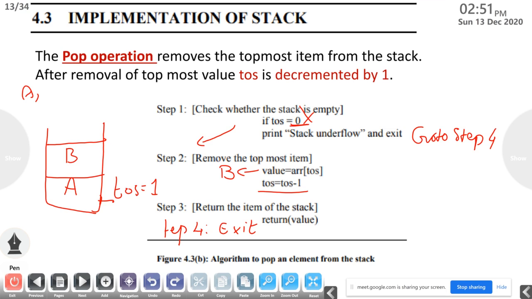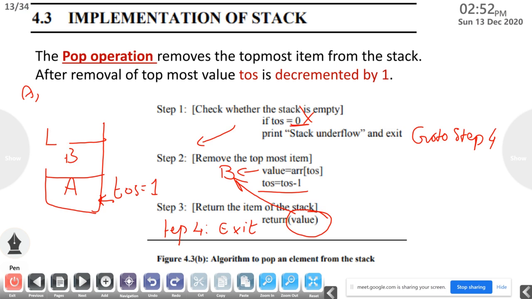Then step 3, return the item of the stack. What was the item that we want to return? We want to return the item that is value. What is inside value? B is inside value. So we will return the value B, and the pointer will point to the next element, that is A. We already discussed that it's not possible to remove an item from memory, but we can overwrite it.